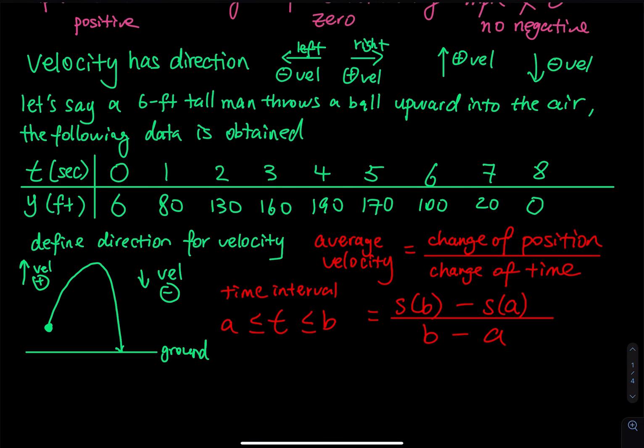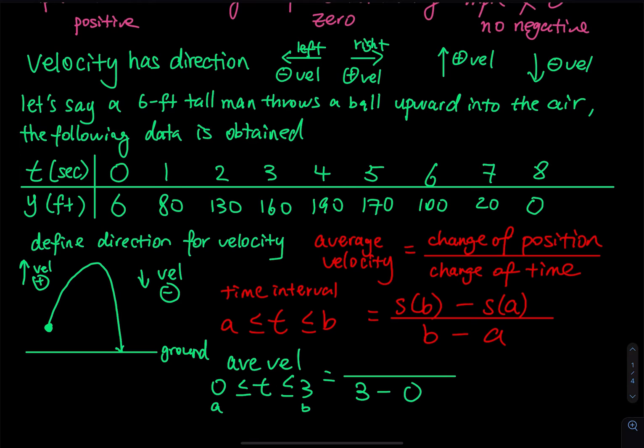Let's say I want to calculate the average velocity from 0 seconds to 3 seconds. The time interval is between 0 and 3, so this is A and this is B. The denominator is 3 minus 0. When time is equal to 0, the ball is 6 feet off the ground.